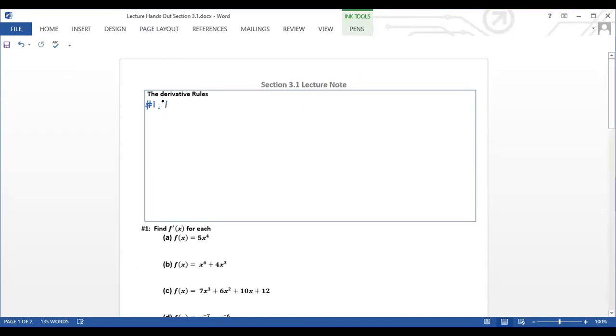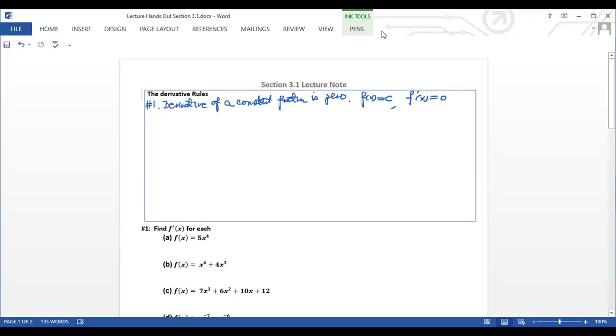The derivative of a constant function is 0. That means if f of x equals c, then f prime of x equals 0.